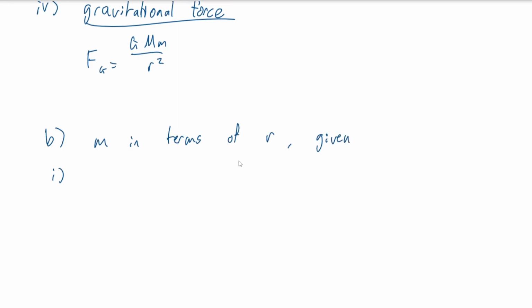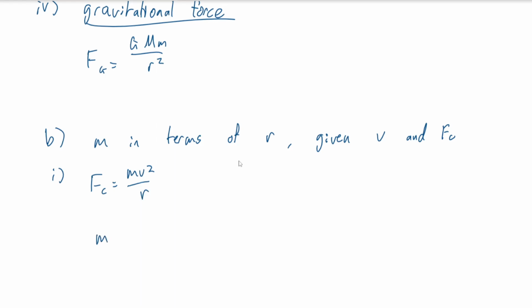And we were given the speed and the centripetal force. So looking at your data booklet, what relates m, r, v, and Fc? That would be the centripetal force equation, and it's asking us to rearrange for m.